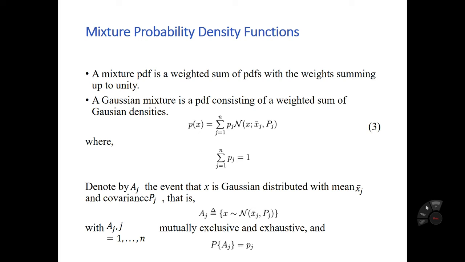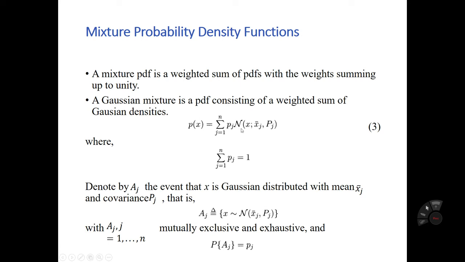Suppose p of x, the PDF of random variable x, equals the sum over j from 1 to n of P_j times a normal distribution with argument x, mean x_j and covariance P_j.